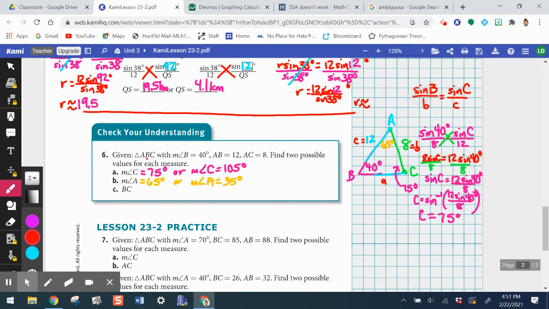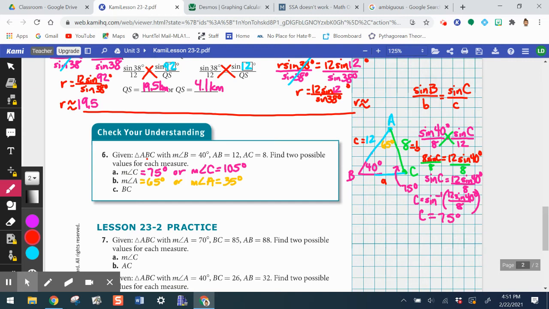So I knew I had to use the sine of B over b because I have its angle measure and its opposite side. Well then, if we're trying to find angle C first, and I love that they encourage us to do that based on what's given because we have its opposite side. So we definitely need to find angle C first because we have its opposite side. We definitely couldn't have found angle A first because we didn't know its opposite side.